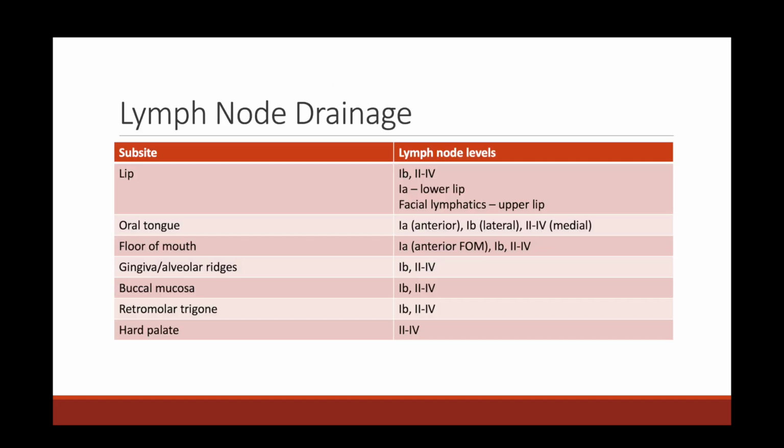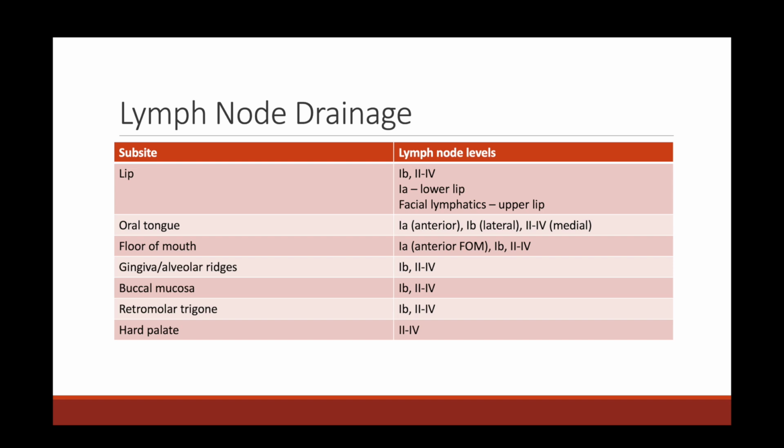We also have a separate anatomy lecture going through the lymph node anatomy and reviewing the different patterns of lymph node drainage. And in that talk, there's a nice paper that I've referenced that actually lists out the different subsites in the head and neck and has tables enumerating which specific lymph node levels you should think about covering based on which subsite is involved.